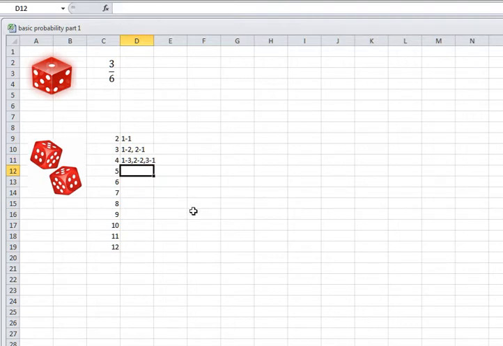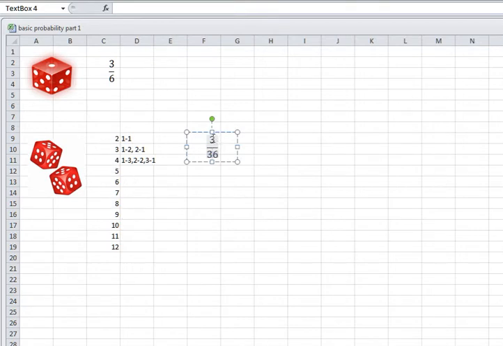And that continues on. And so you can see that when we have probabilities here, when you get all done, there are 36 different combinations that you will list here.